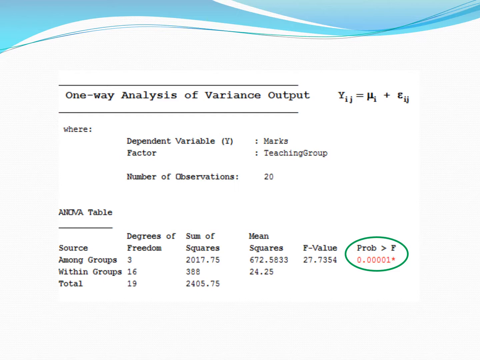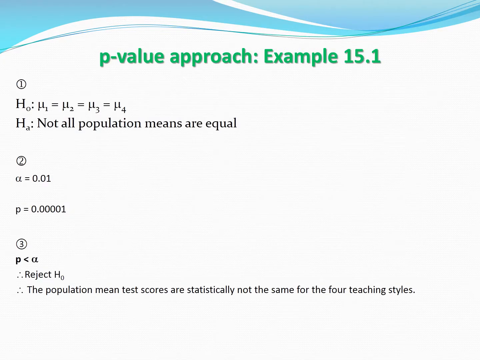So if we look at example 15.1, you state your null and alternative hypothesis, and then for step 2, you write down that p-value and you give your significance level. So let's say we tested the hypothesis at a 1% significance level, then your alpha will be 0.01.